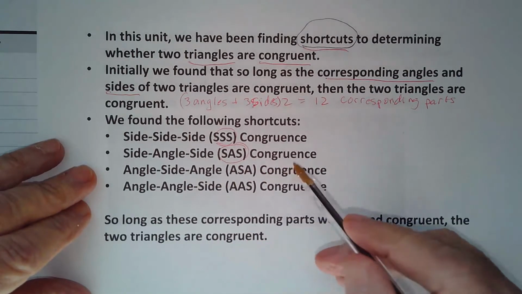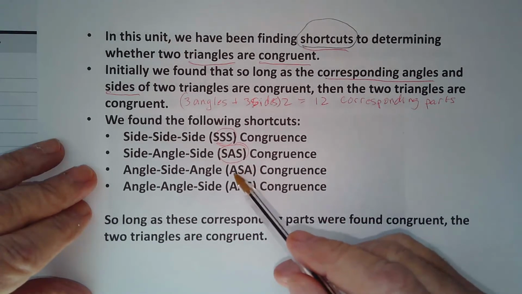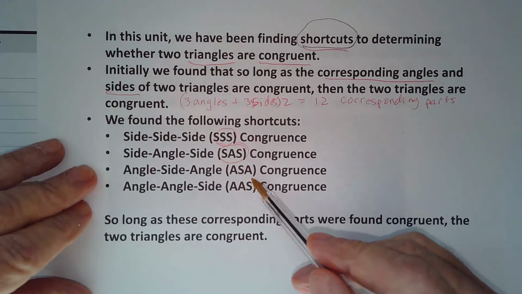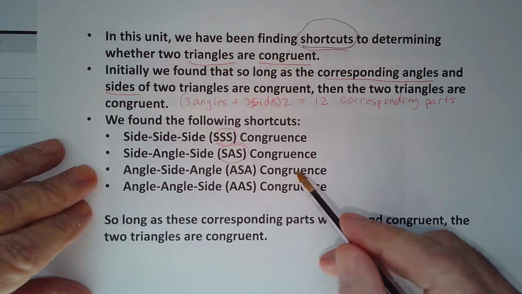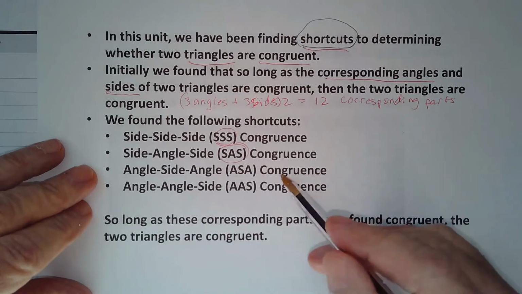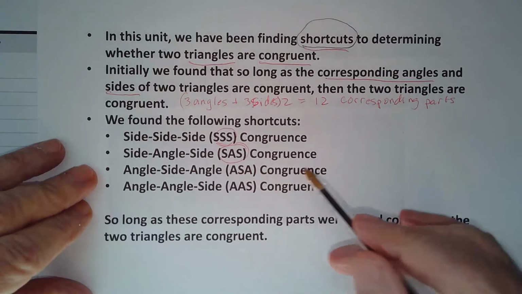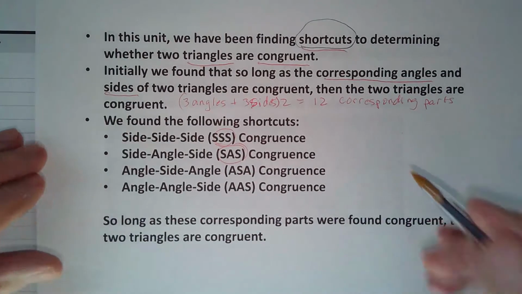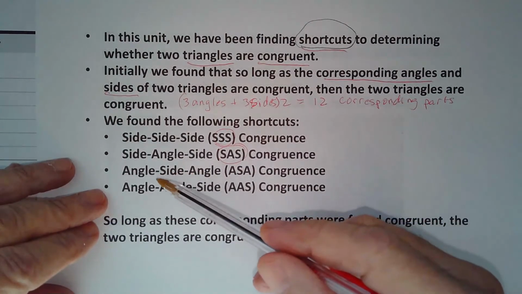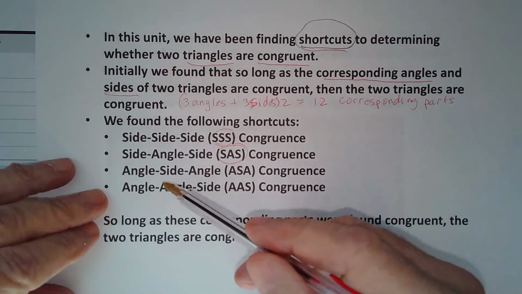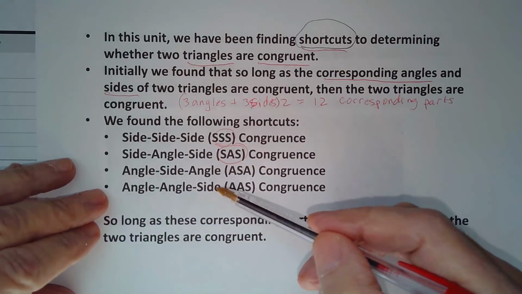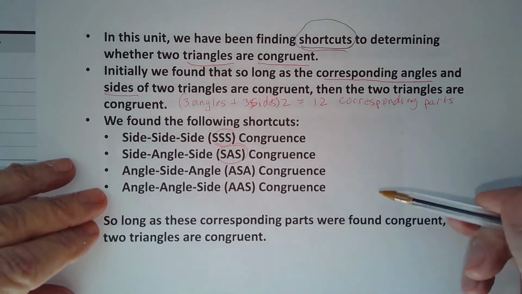Angle side angle congruence, same thing. An angle, with an included side and another angle, if you find those in two triangles and they're congruent, then the triangles are congruent. And lastly, if you find that a corresponding angle and side of two triangles are congruent, then the triangles are congruent.